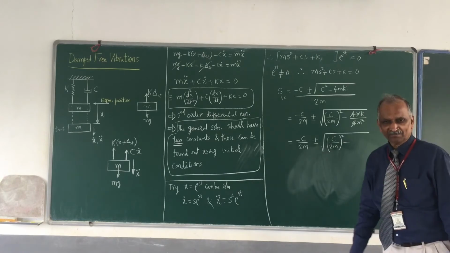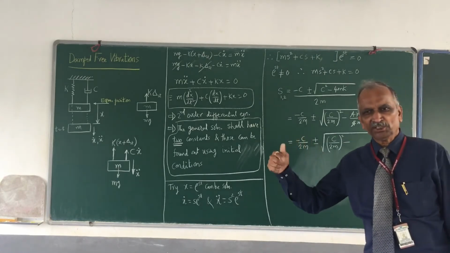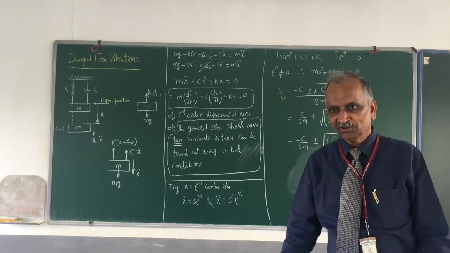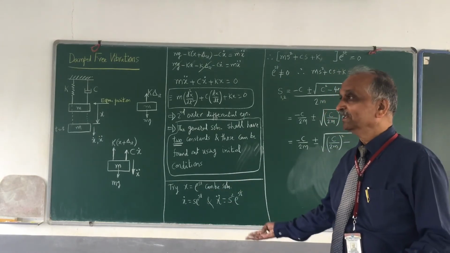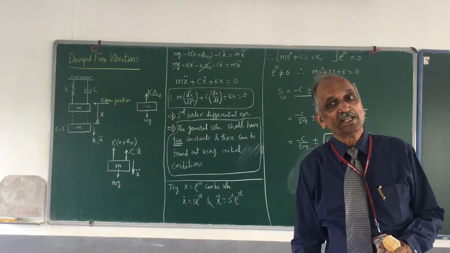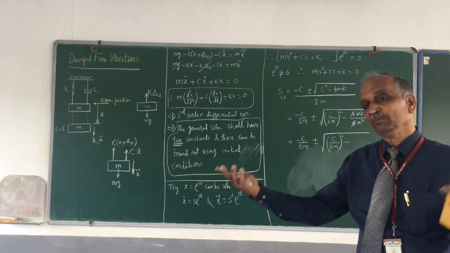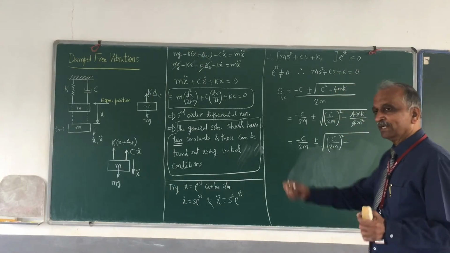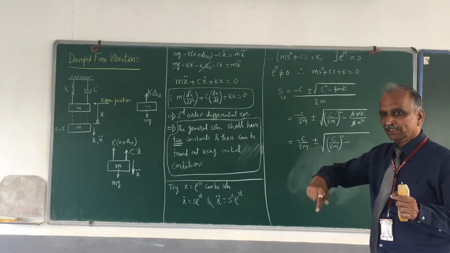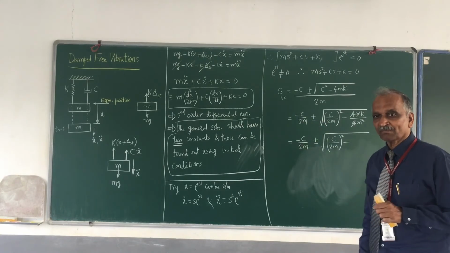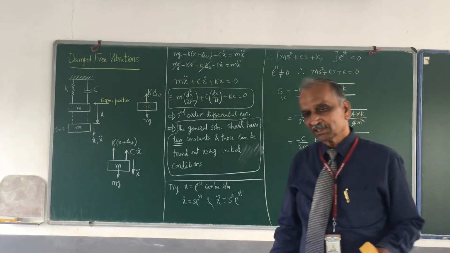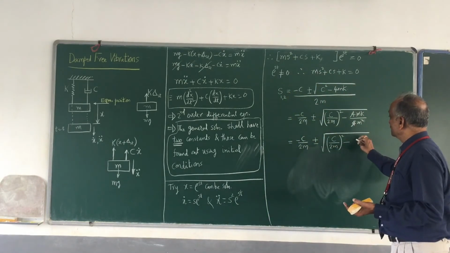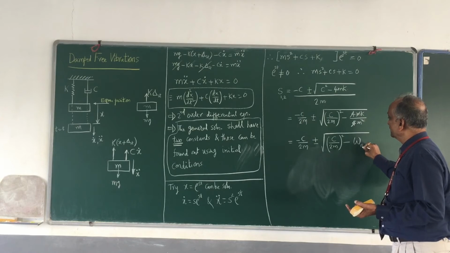k by m. So the moment you hear k by m, do you feel anything? You should start feeling. We have discussed so much about undamped free vibrations, the spring mass system. That is nothing but omega n square, or omega n is equal to root of k by m. What is omega n square? That is nothing but k by m. So k upon m is nothing but omega n square.